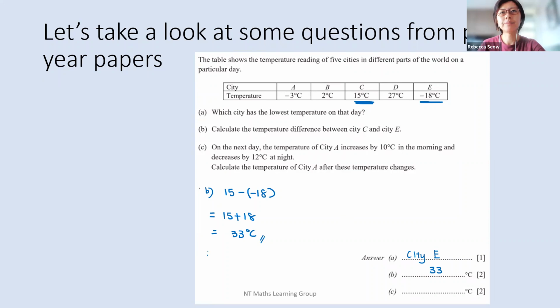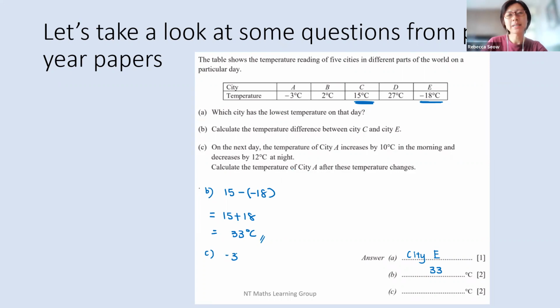Now, the next one. On the next day, the temperature of city A increases by 10 degrees Celsius in the morning and decreases by 12 degrees Celsius at night. Calculate the temperature of city A after these temperature changes. So we'll start off with negative 3 degrees Celsius.